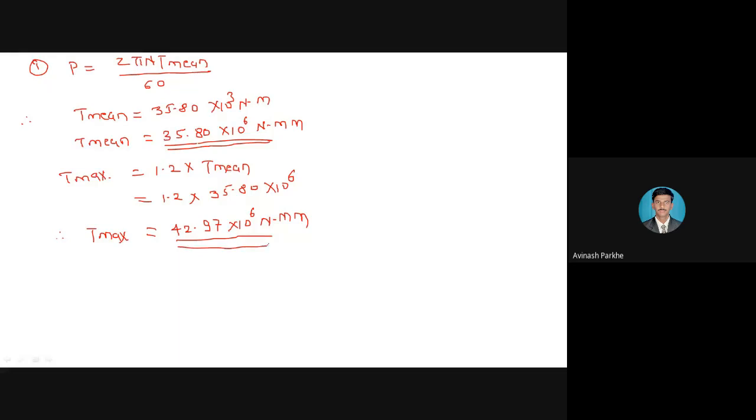Please check your answers. Others, please do the calculation. By using the power formula, calculate the T mean value, convert the T mean from Newton meter to Newton mm. By using the T max relation, calculate the T max value and check your answer: 42.97 into 10 raised to 6 Newton mm.